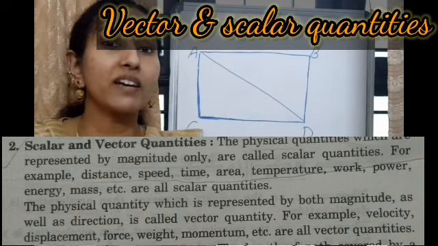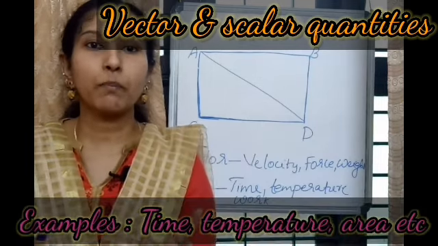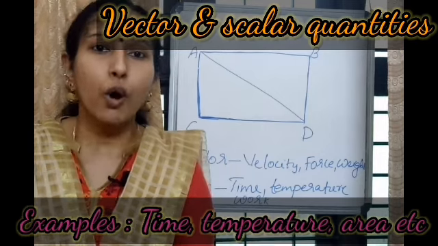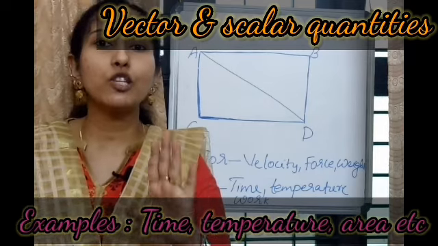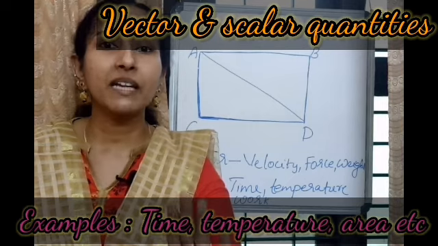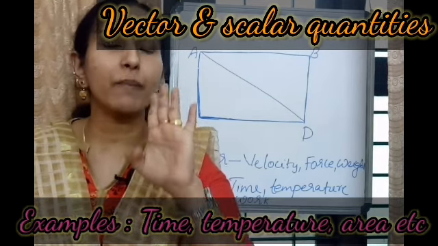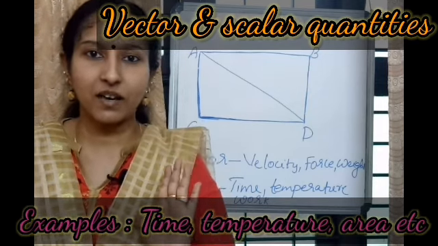And there are some quantities which have only magnitude, like time, 2 seconds, 4 seconds. You don't say 2 seconds to north or 2 seconds to south, just 2 seconds. There you have to specify only the number. If you specify only the number or magnitude, they are scalar quantities. Understood?